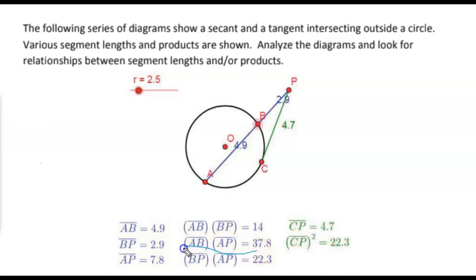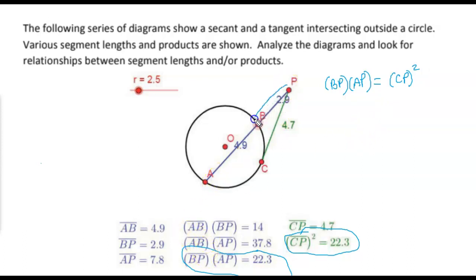I do see, however, 22.3 and 22.3. So if these two things are equal to each other, we have BP times AP, and it's actually equal to CP squared. Let's look at our picture and see what that is.